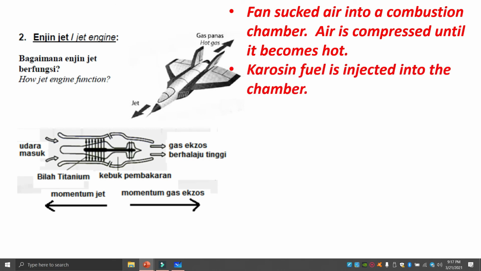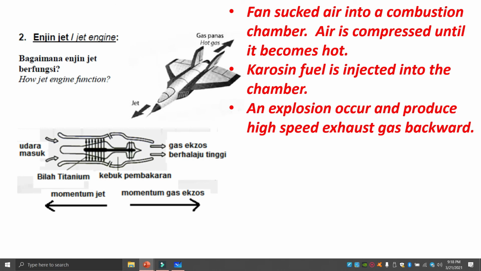We use kerosene fuel in the jet engine, and the kerosene fuel will be injected into the chamber. So now they have the air and the kerosene fuel. What will happen? Of course, the combustion will occur. The explosion will occur and produce high speed exhaust gas backward.